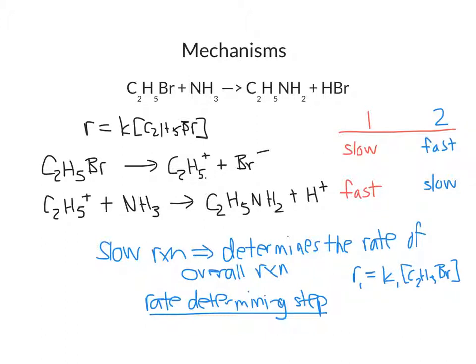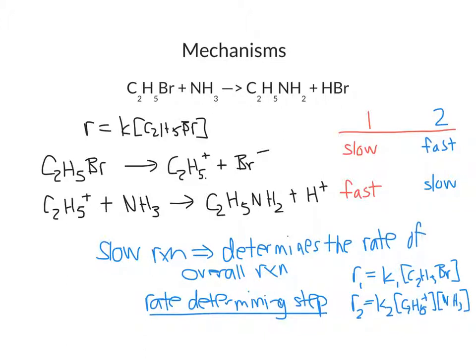However, the rate of the second step in this mechanism we would predict to be equal to some rate constant for the second step times the concentration of the intermediate times the concentration of the NH3, because this second step involves a collision between the C2H5 and the NH3, and this reaction can only happen as fast as that collision happens, and the probability that that collision happens is proportional to the product of the concentrations.